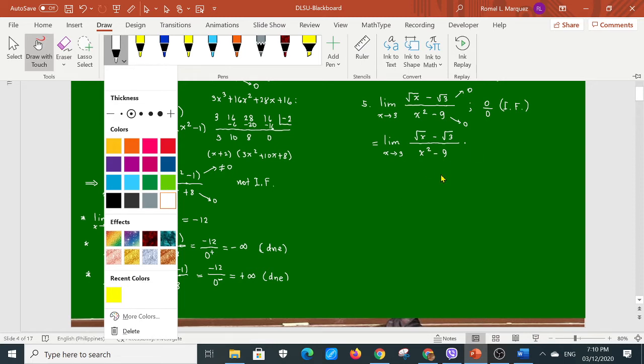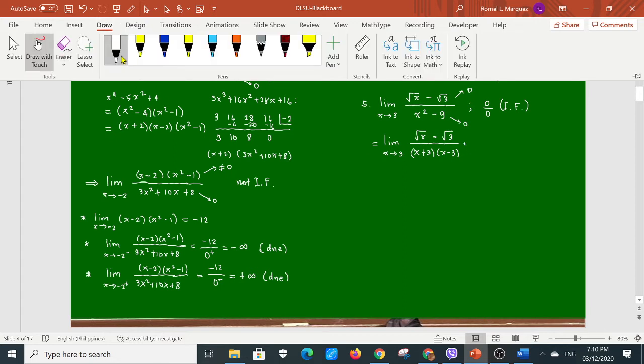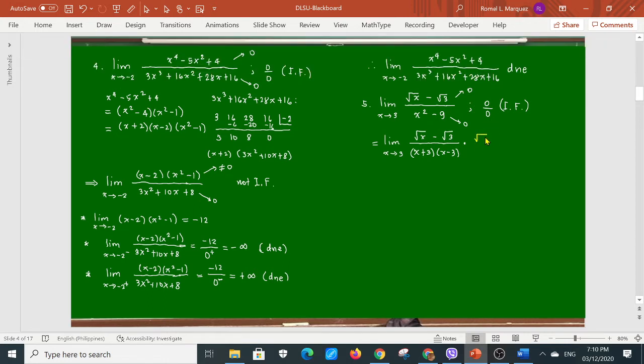By the way, we can factor the denominator. Let's factor the denominator now: x plus 3 times x minus 3, so that later we can easily remove that common factor that makes the numerator and denominator 0. Our multiplier is the conjugate. What's the conjugate of the square root of x minus the square root of 3?